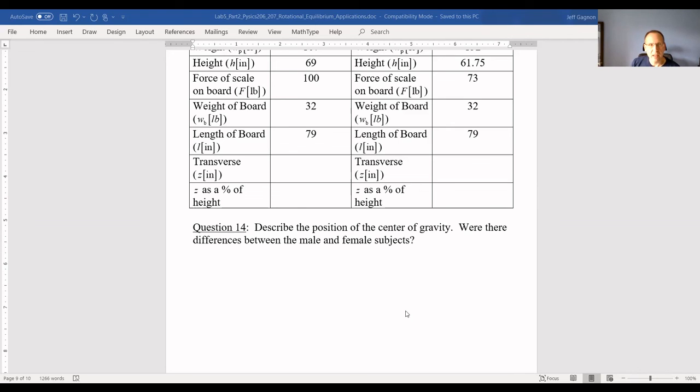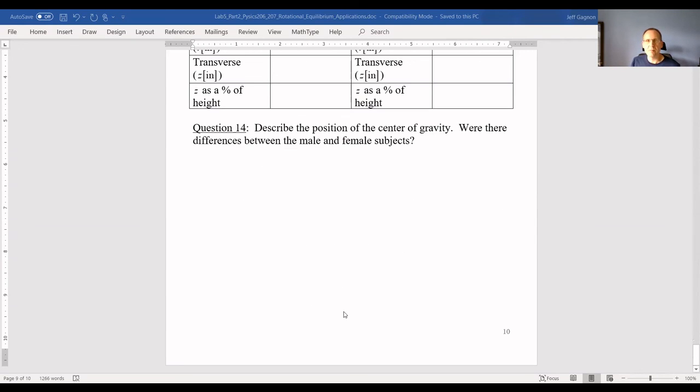So you want to think about that. Now, of course, it really depends on the individual, right? But if we look at the total population, there is a general trend, okay? So once you figure that out, you want to answer that question, question 14.